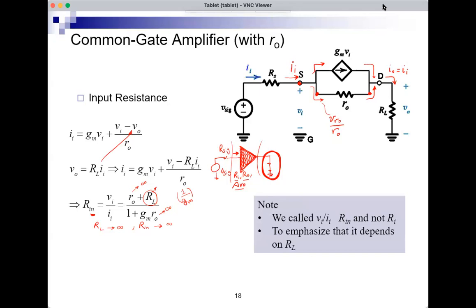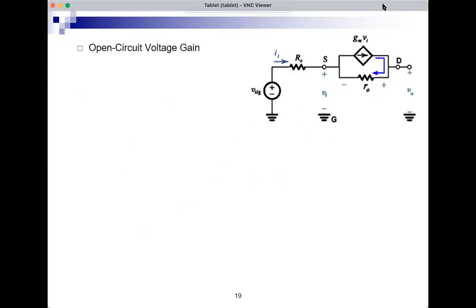So that's input resistance. Let's find the other quantities of interest, like AVO, the open circuit voltage gain. That's something that we find by finding VO over VI when there is no RL. AVO is VO over VI when you open circuit RL. So here, there's no RL, we open circuit RL, and I want to find VO over VI.